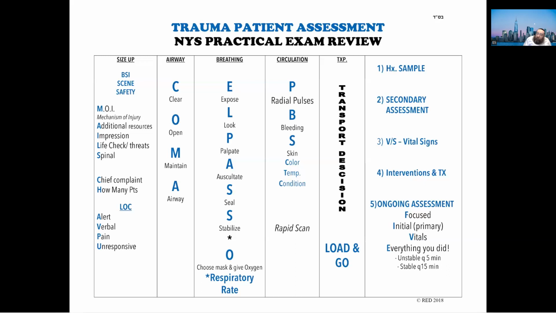Hold on, let me explain. Everything that you need to do for that column. The last column is numbered, and because it's numbered, you cannot change the order. It must be in that order. The other columns, do it however you want. If you remember it a better way, do it.